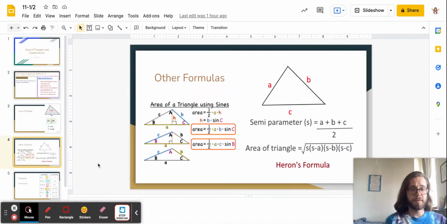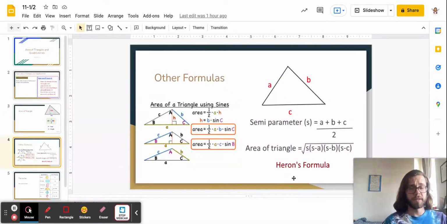And there are a couple other formulas. This is the one I was just alluding to with the trig, where it's 1/2 base times height. Or alternatively, if you need to find the height using trig, it would end up being sine.